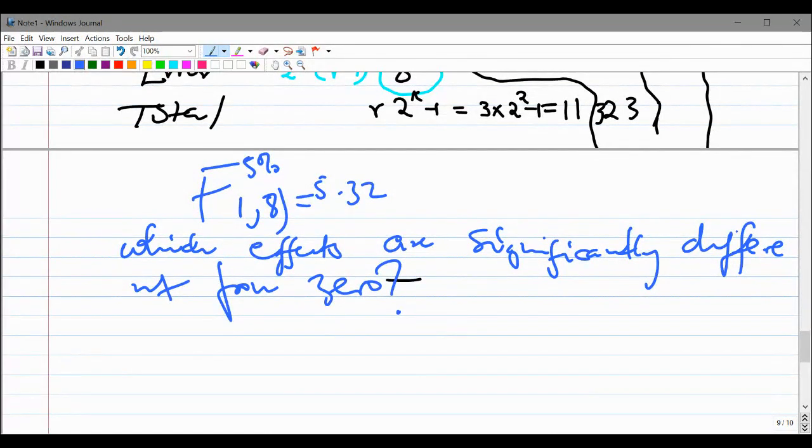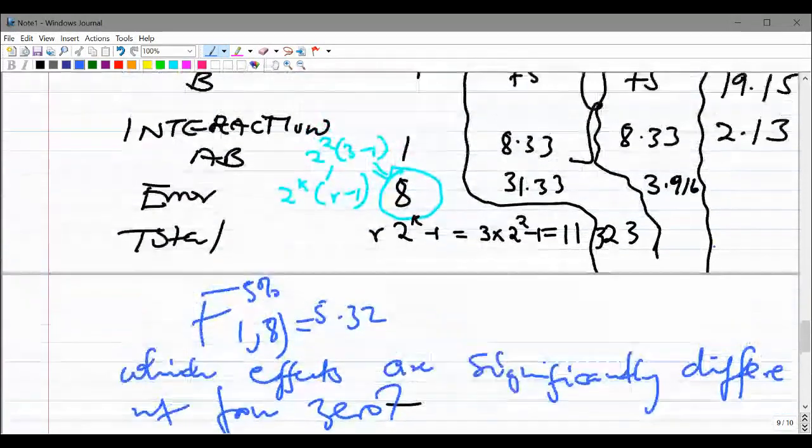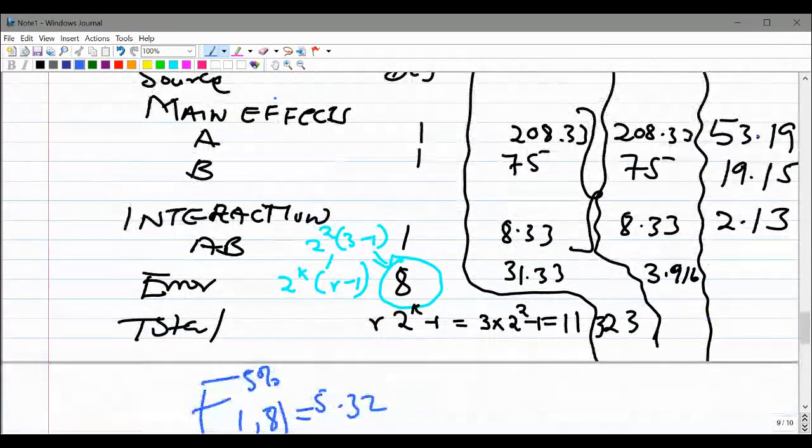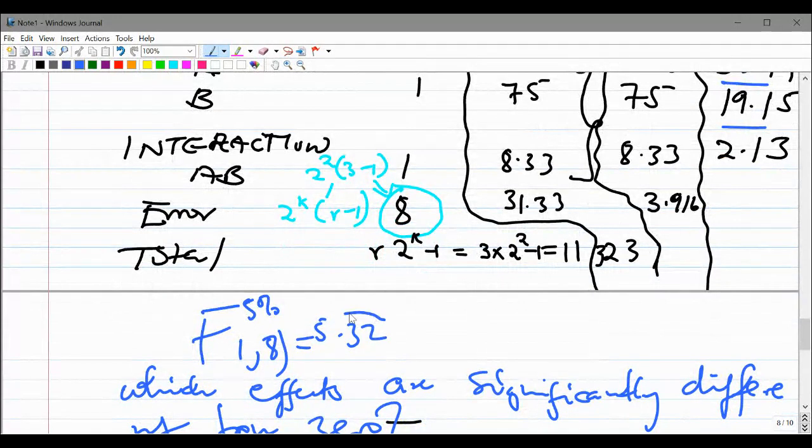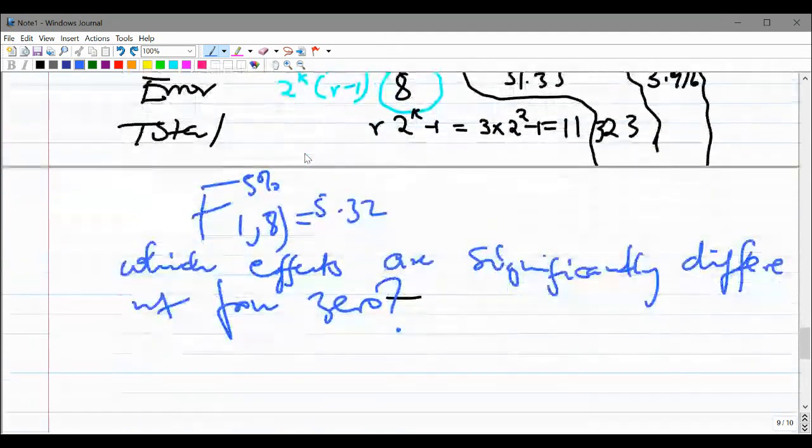So you have to report the effects that are significantly different from 0. So you look at the F values here. Which effects are greater than 5.32? So how are we going to answer this question?